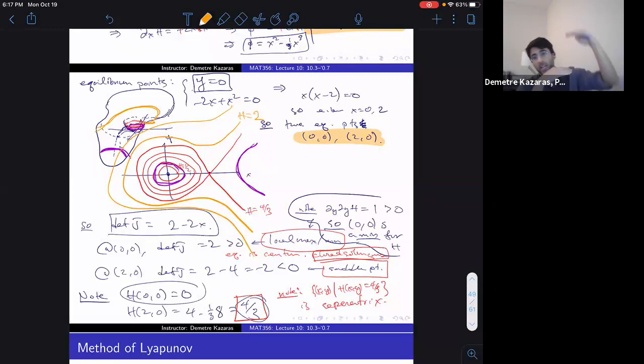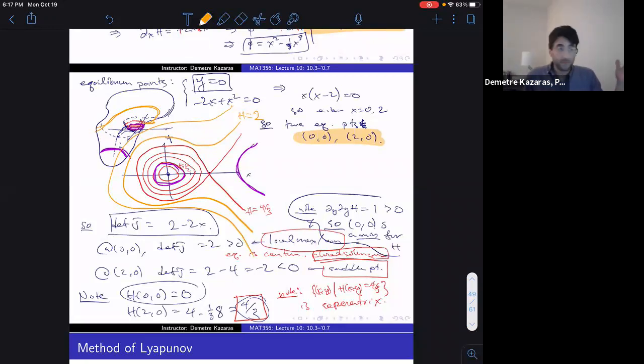And if you're at energy states above 4/3, then you have this other motion where both the position and velocity can become unbounded. Okay, and I've been talking in physical terms, but we're just looking at an equation. It doesn't necessarily correspond to a physical situation.